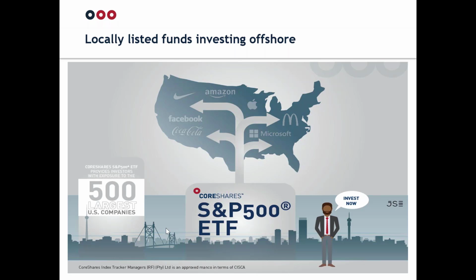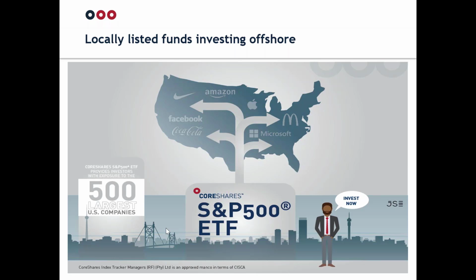They open an account with, for example, EasyEquities, their stockbroking account, and put their rands into that account. Then you place your instruction, and EasyEquities sends your money to the JSE to buy something like a CoreShares S&P 500 ETF. That money goes to the JSE, and in exchange, you get ETF units back. And then from the JSE, that money goes into our fund in this example.